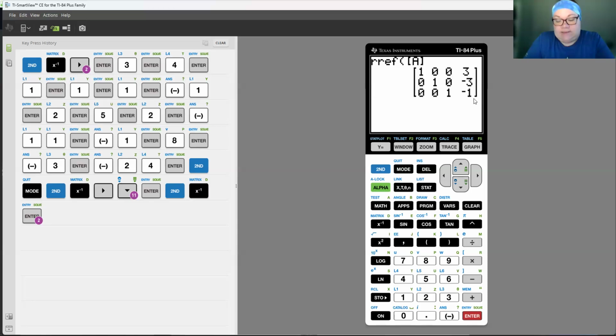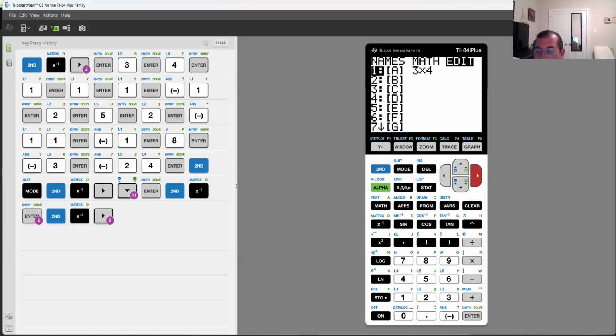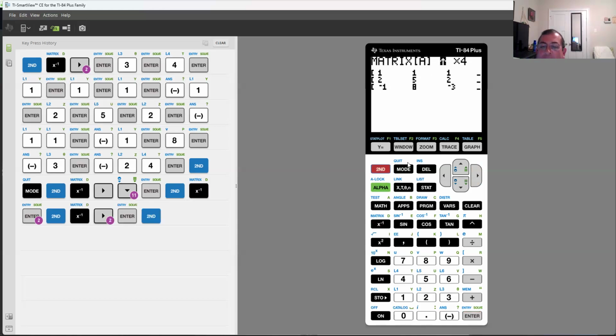I'm getting, okay, so I've gone through and I just double checked. I'm getting stuck at where you go to the RREF. Okay, so your edit looks good though. You got the same numbers in here, 1, 1, 1, and so on. Okay, so let me quit that screen. So you're hitting second, x negative one.